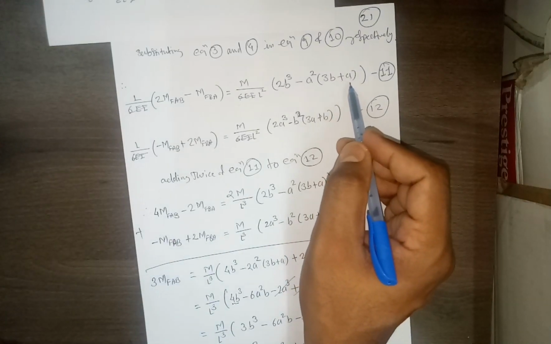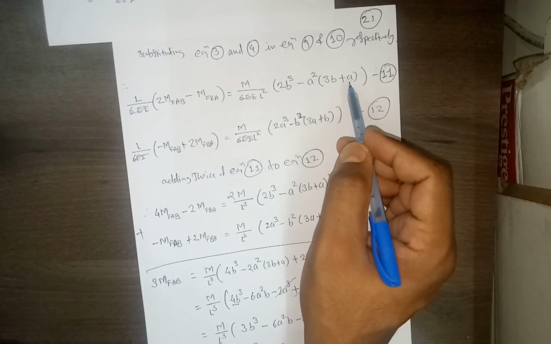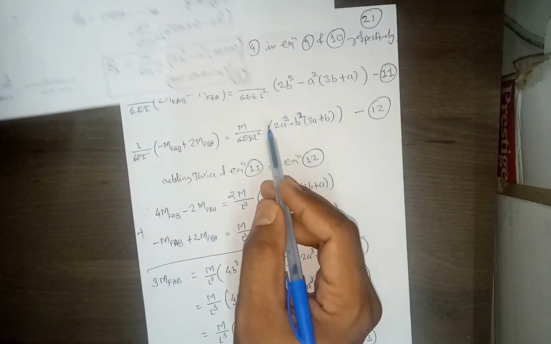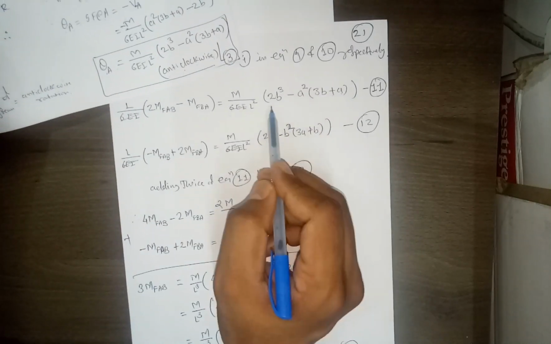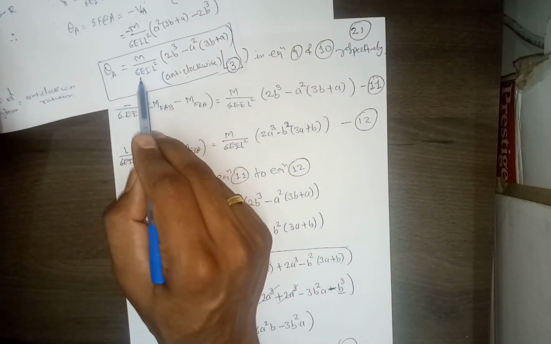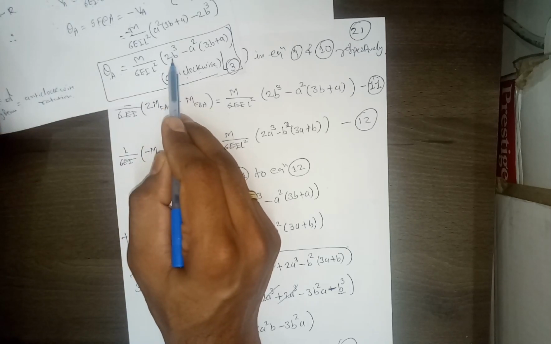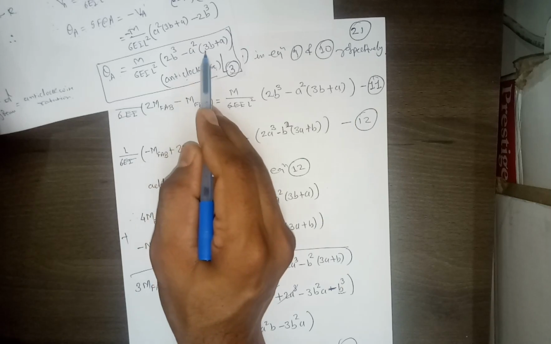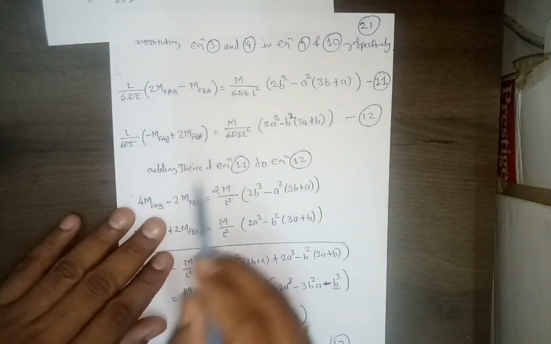This equation we have already derived. So this is the theta A value I have substituted here: M by 6EI L square, 2b cube minus a cube in bracket 3b plus a. The same thing I have substituted here.